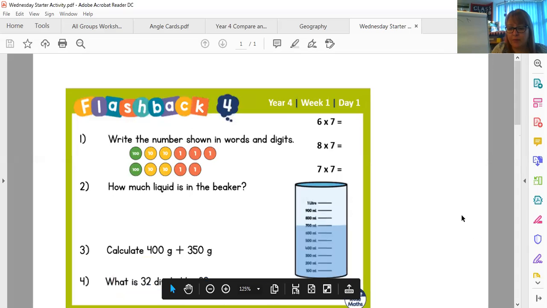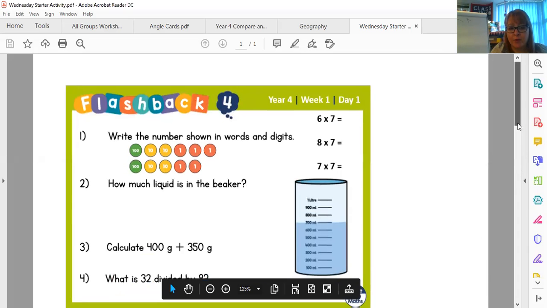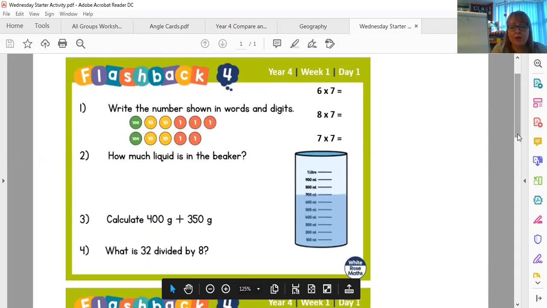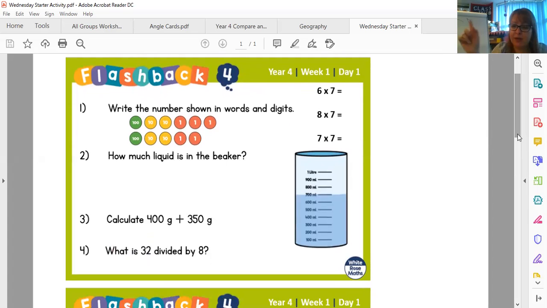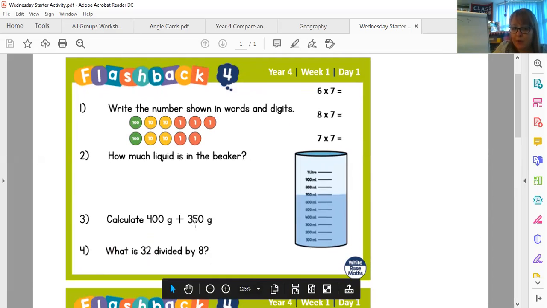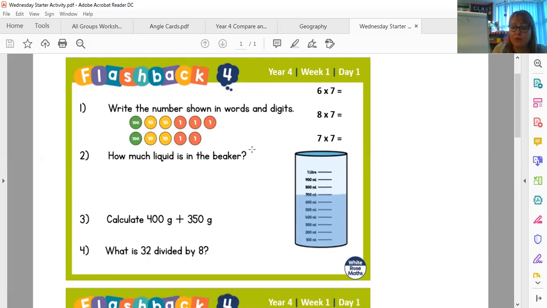If I go up a little bit bigger, that might help. There you go. So you're going to get 4 questions on the screen, and it's going to ask you to answer those 4 questions. You can print this off if you want to and stick it into your home learning book, or you could just write FB4, so Flashback 4, in your home learning book.